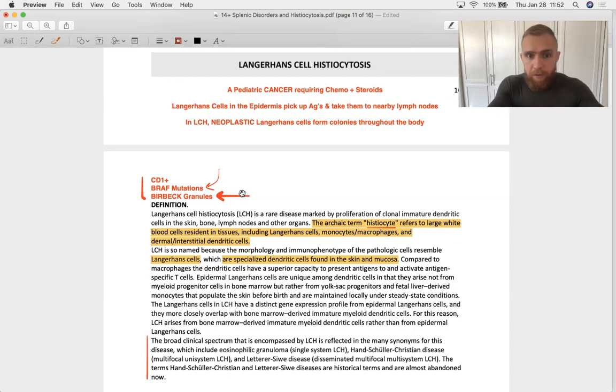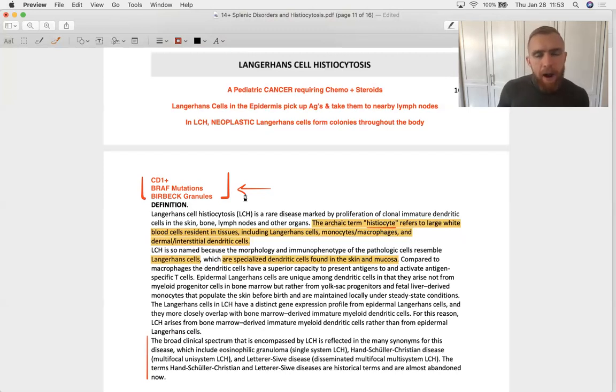So those three things right there that I just mentioned, that's really what USMLE and COMLEX questions will test you on, because this is a very rare disease, very rare. And they do not expect you to be experts on it, but they do expect you to recognize it and at least understand the gist of it.